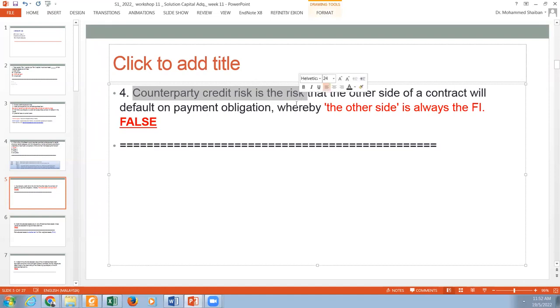The problem with this question is this statement: the other party is always the financial institution. No, the other party could be someone other than a financial institution. So this is the problem when we talk about the counterparty.